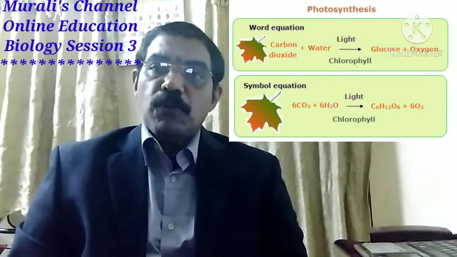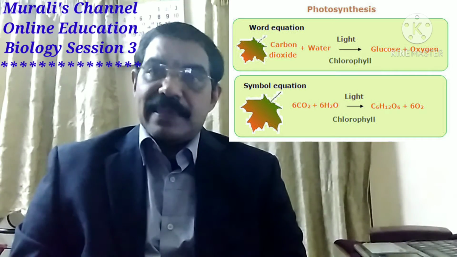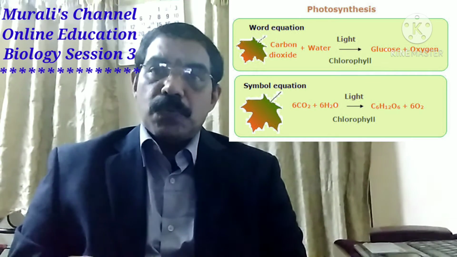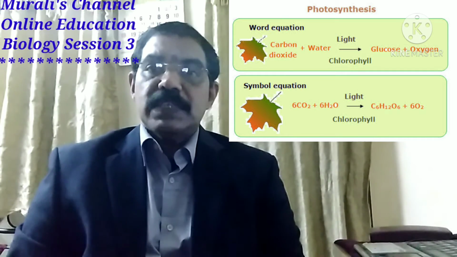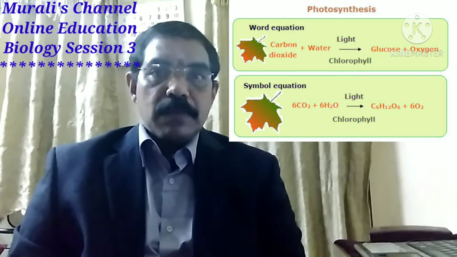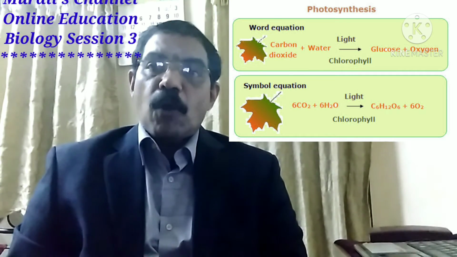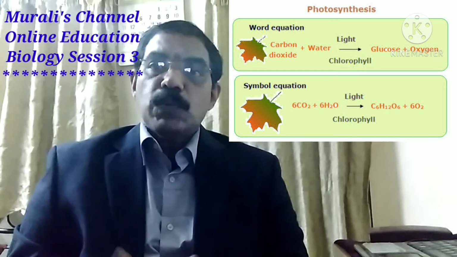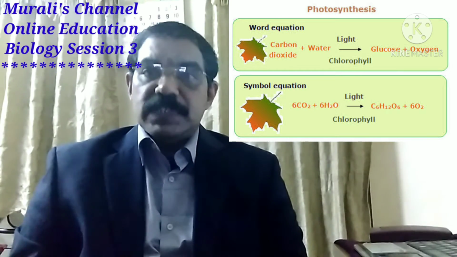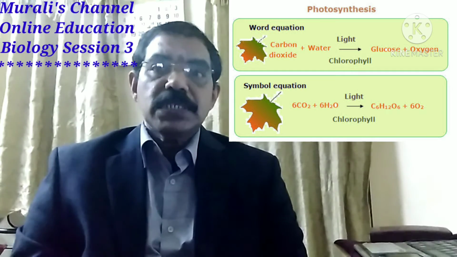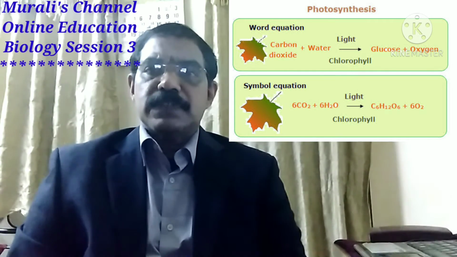Here, autotrophic organisms like green plants, algae, and some bacteria contain chlorophyll, because chlorophyll is very, very important. With the presence of chlorophyll, we know it's green in color. So these autotrophic organisms utilize the energy from sunlight, and the light energy is converted into chemical energy. This is what happens in the photosynthetic process.